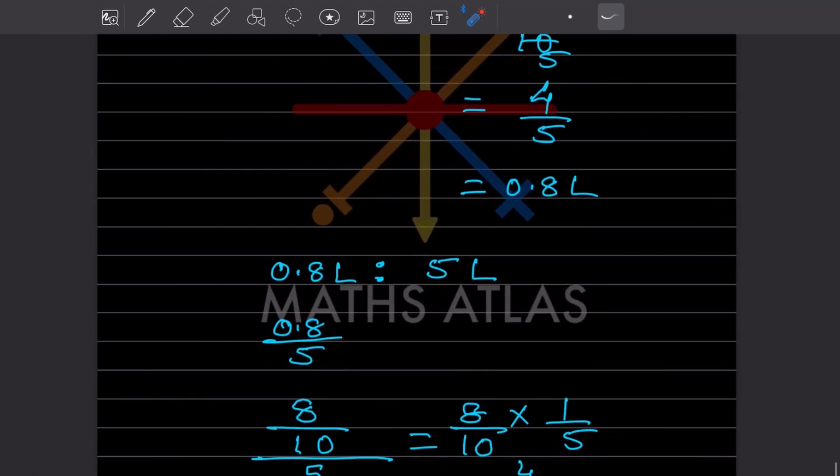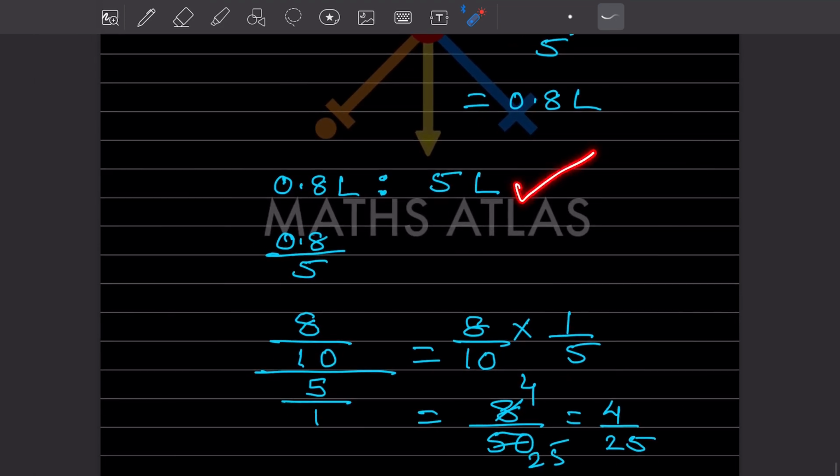So now let us see from this one and we are going to solve according to this one. Now 0.8 divided by 5. See, again here it becomes difficult because we are not using the calculator over here. So what did I do here? Now look at here. 0.8 can also be written as 8 by 10.